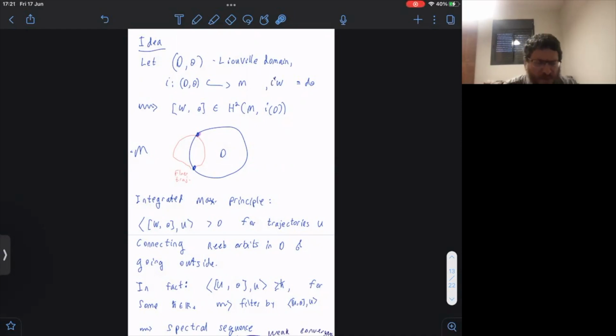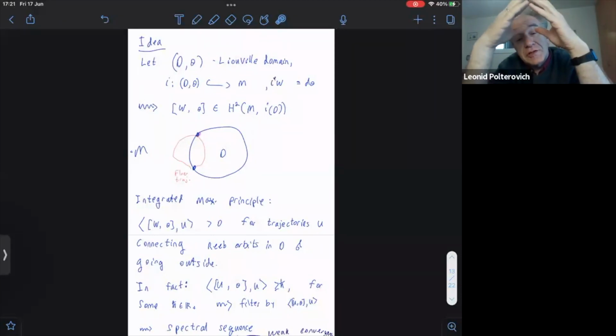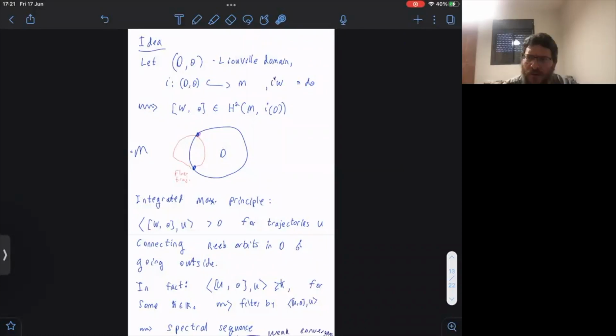I think we have some statement like this: different complete embeddings associated with different cluster presentations. I think we can show sometimes that they're not Hamiltonian isotopic. Yes, that's very nice.